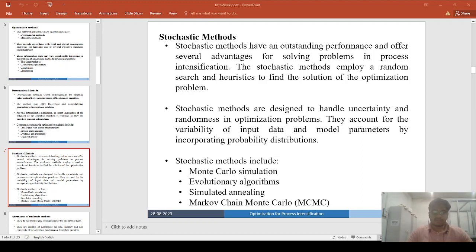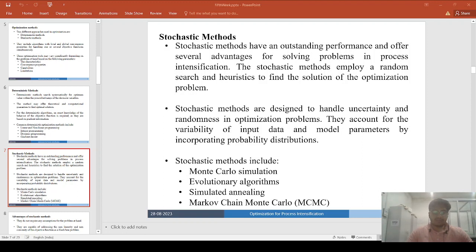They are designed to handle uncertainty and randomness in optimization problems. They account for the variability of the input data and model parameters by incorporating probability distributions. The various stochastic methods include Monte Carlo simulation, evolutionary algorithms, simulated annealing, and Markov chain Monte Carlo.